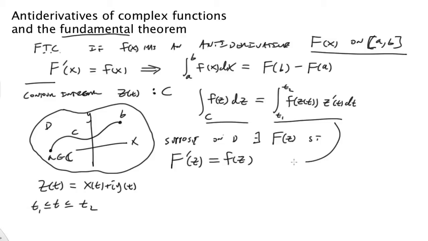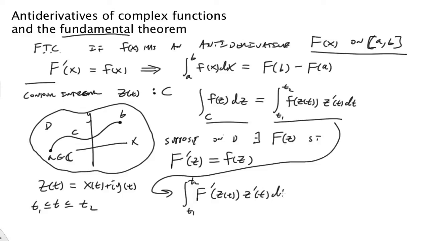So I'm going to rewrite this. Remember that this integral reduces to two real integrals. So we can write this as the integral from t1 to t2 of capital F prime of z of t times z prime of t dt.